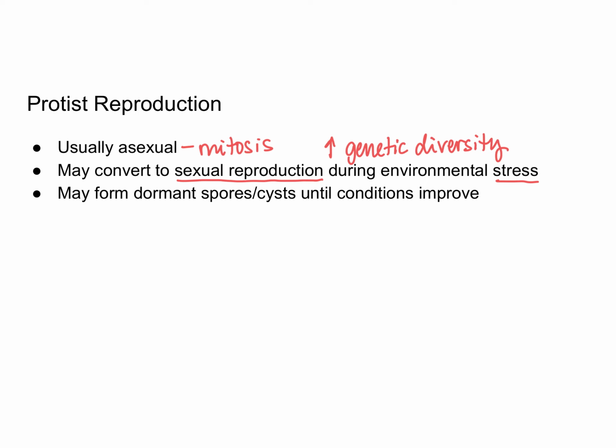So increasing genetic diversity allows for at least some individuals in the population to hopefully survive whatever environmental stress is occurring so that the population of the protists can live on, even if certain individuals are still going to be killed by the environmental conditions. Some protists are also able to become dormant, meaning that they are metabolically inactive.